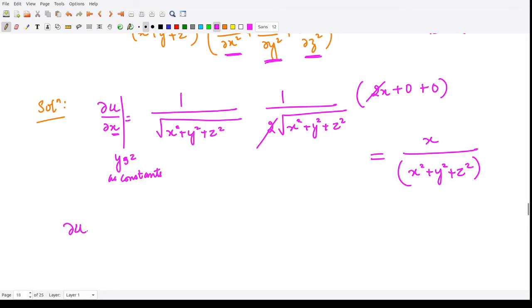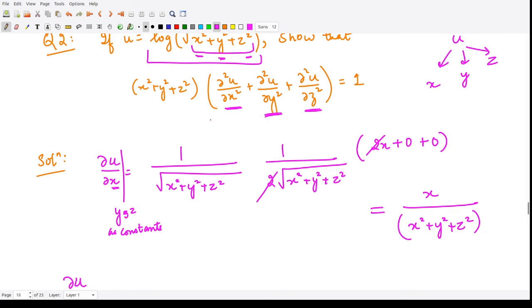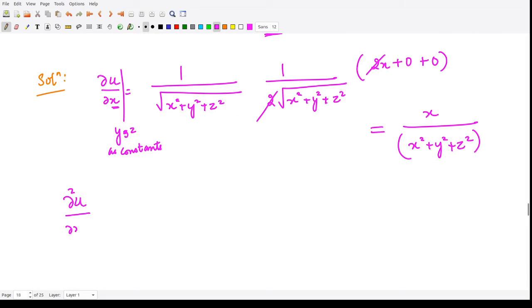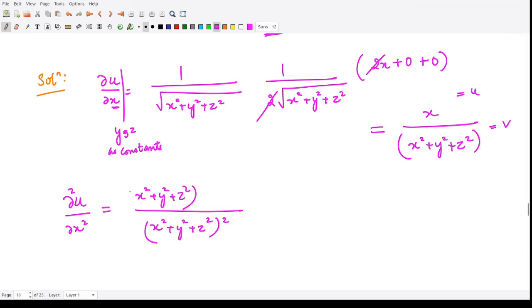And similarly, because we require the second derivative of u with respect to x, we'll calculate it by differentiating this again. When you differentiate this, here you have to apply the quotient rule. This term is your u, this term is your v. So it would be x square plus y square plus z square, whole square, and then the derivative of the upper term, numerator, that is equal to 1, minus numerator as such, and then the derivative of this denominator.